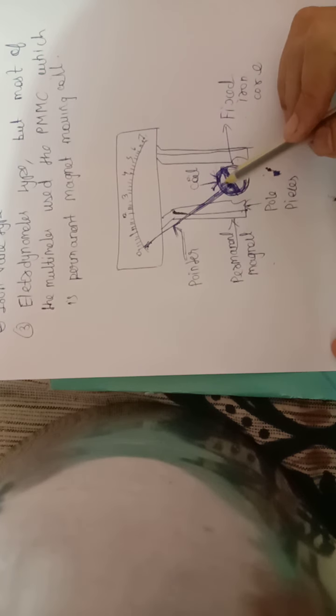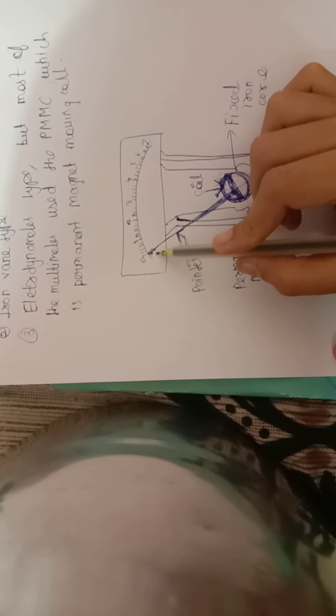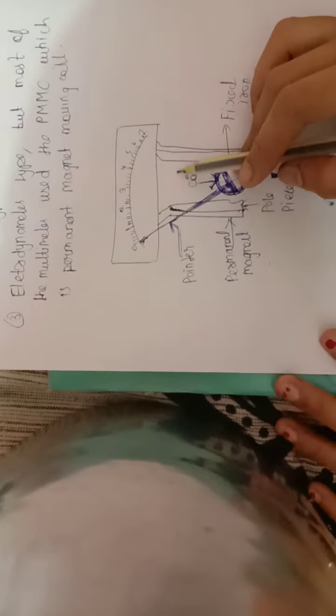These two springs are used for two purposes. First, they provide the path for the current to reach the coil. Second, when the current is zero, the pointer stays at the lower end of the scale, and they provide a restoring torque when current flows through the coil.